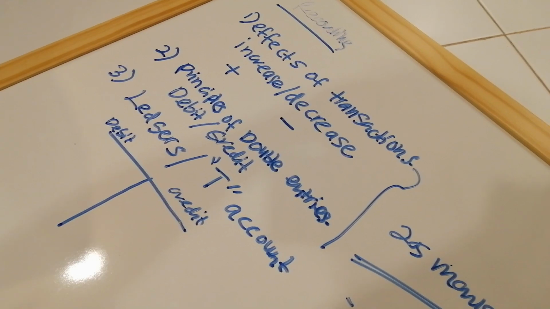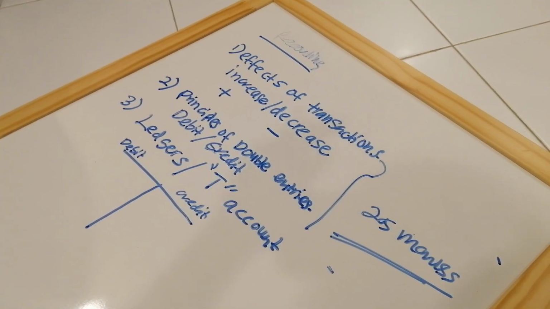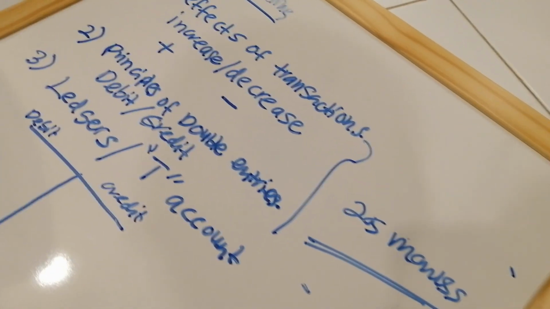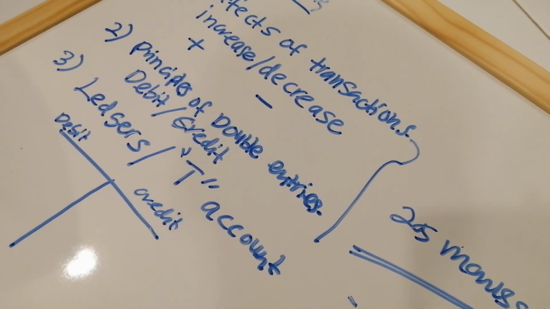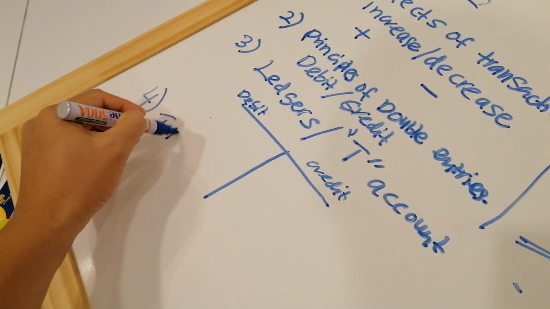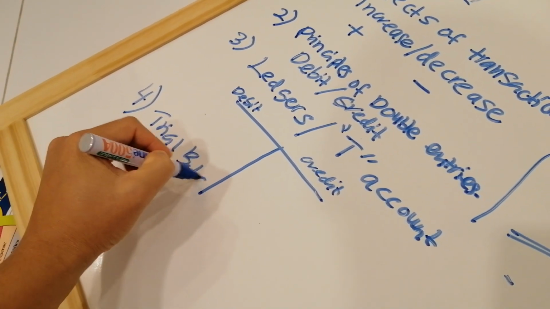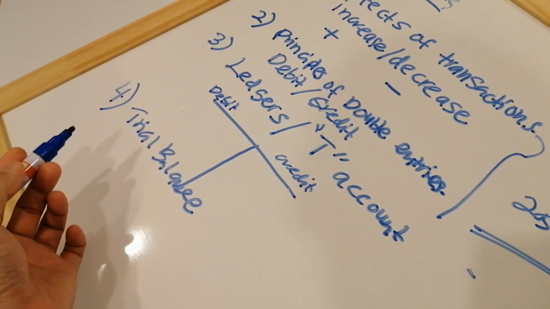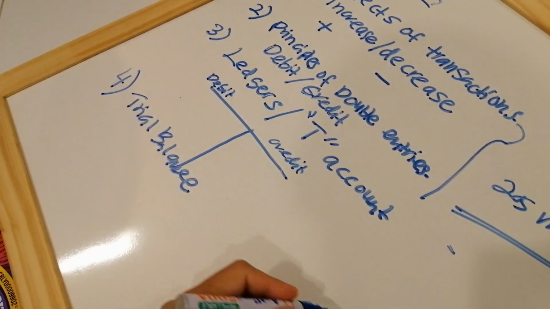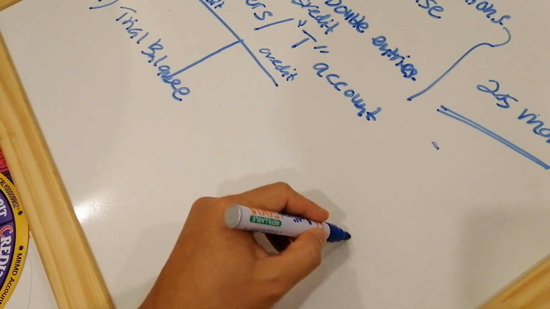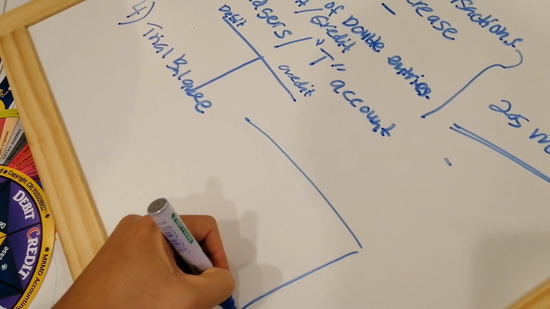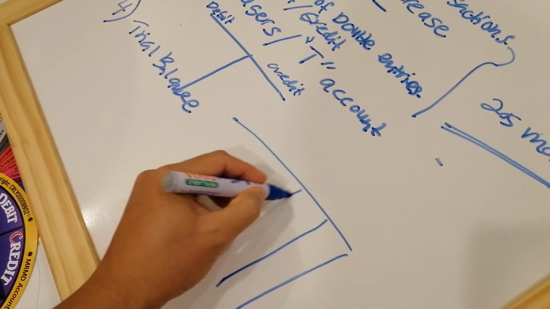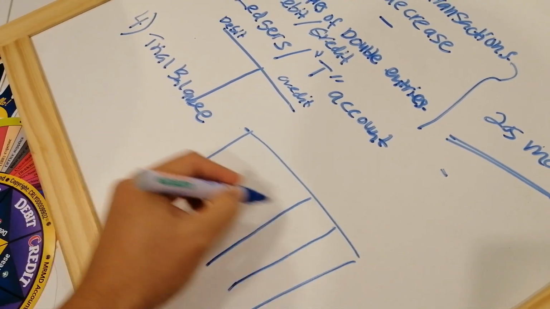Okay, so now I will explain to you brain power. Before we go to the brain power, we have number 4, trial balance. With the trial balance, we want to look at whether our accounts are balanced or not. This is the format.